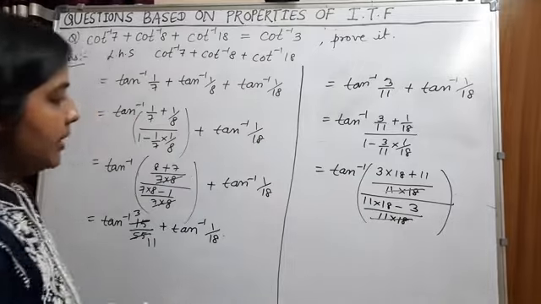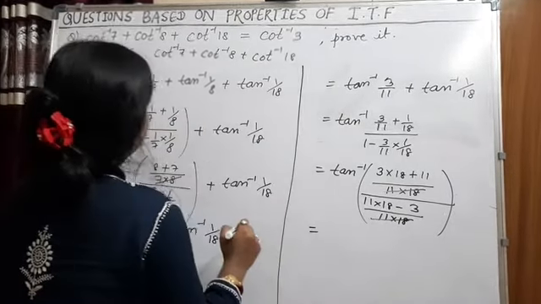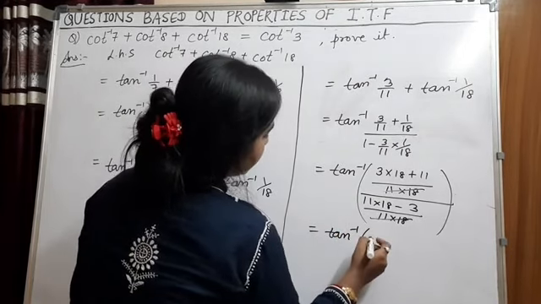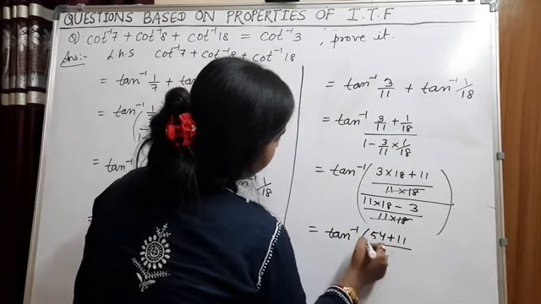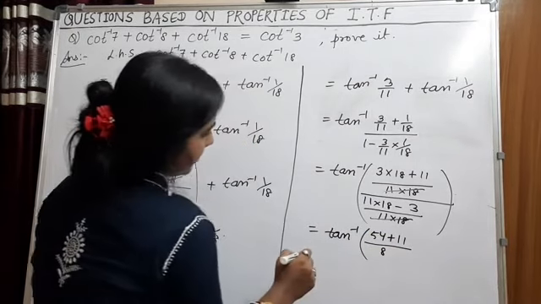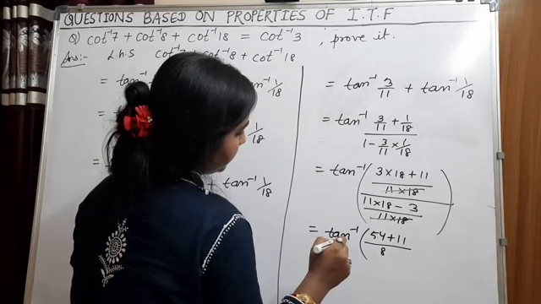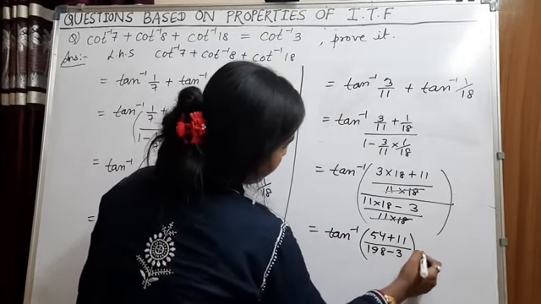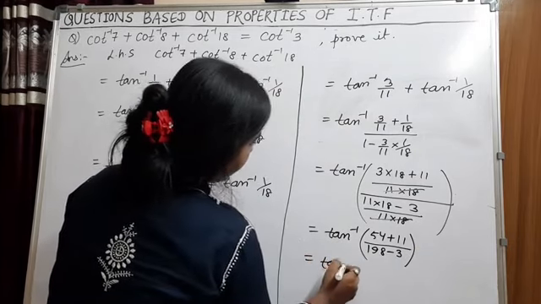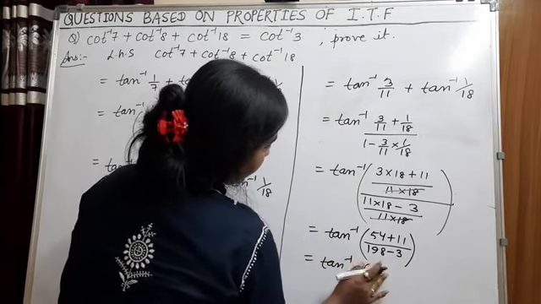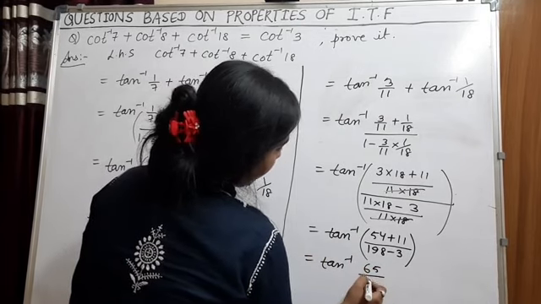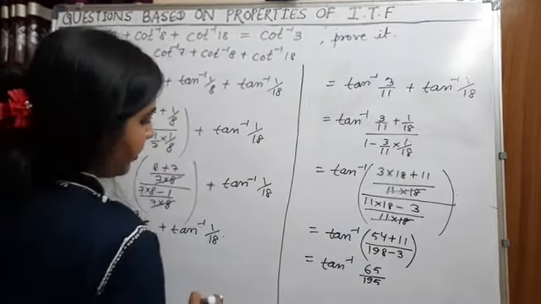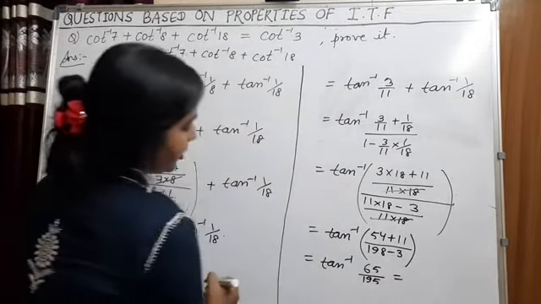So we'll calculate it, and we have to prove cot inverse 3. So tan inverse, this is here 54 plus 11 by 198 minus 3. So it is tan inverse 65 by 195. So we can reduce it.